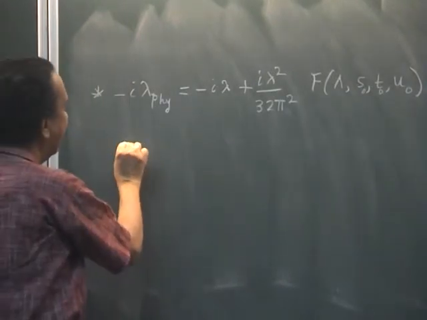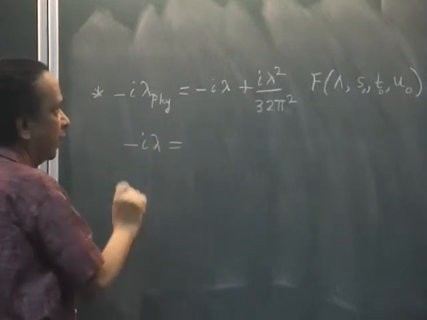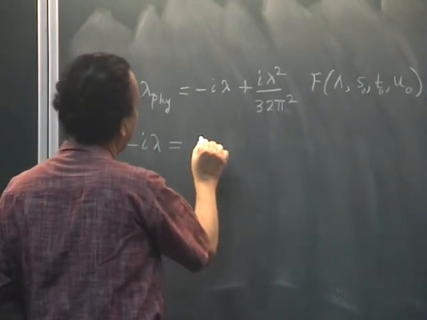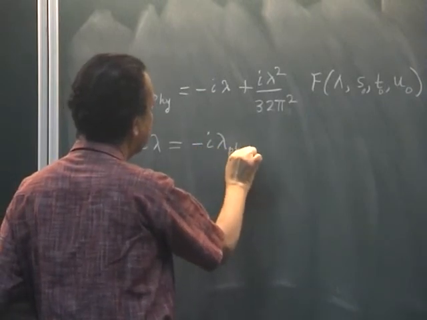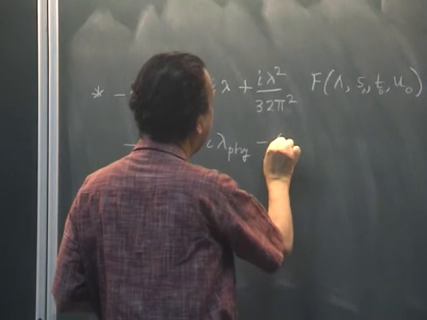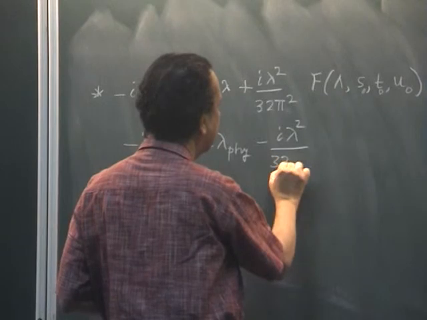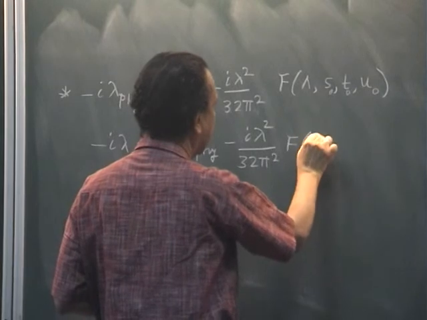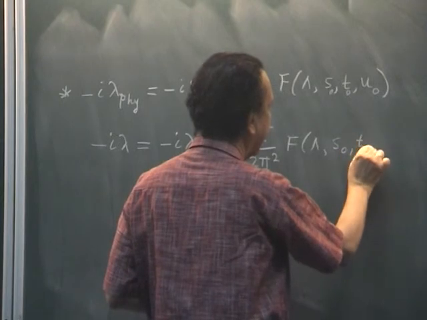So minus i lambda is given by, bringing it to this side, minus i lambda physical minus i lambda square upon 32 pi square f of the cutoff, s0, t0, u0.